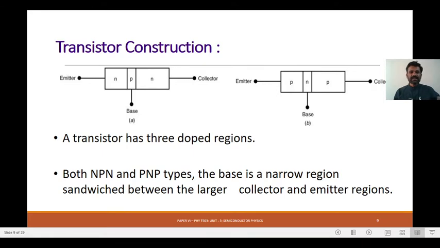Both NPN and PNP transistors have a very narrow region sandwiched between larger collector and emitter regions. If you place it in between two N-type semiconductors or two P-type semiconductors, an opposite type of semiconductor has been sandwiched, which forms an NPN or PNP transistor.